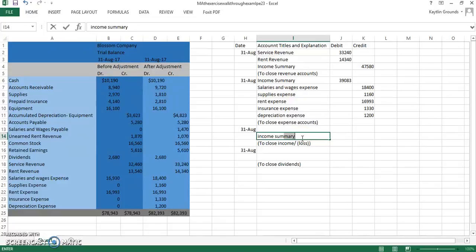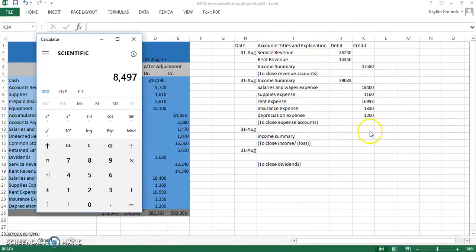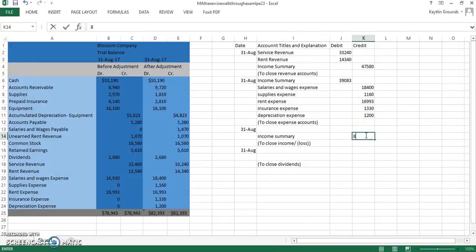This will be our income summary here. It's going to be the $8,497. And here we're going to put retained earnings, and it's going to be the exact same amount but in the debit category to zero out.